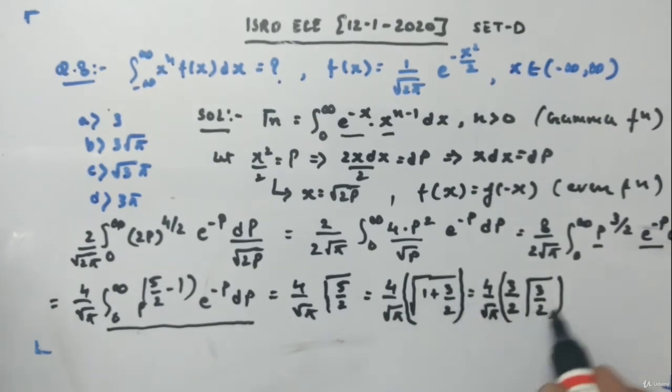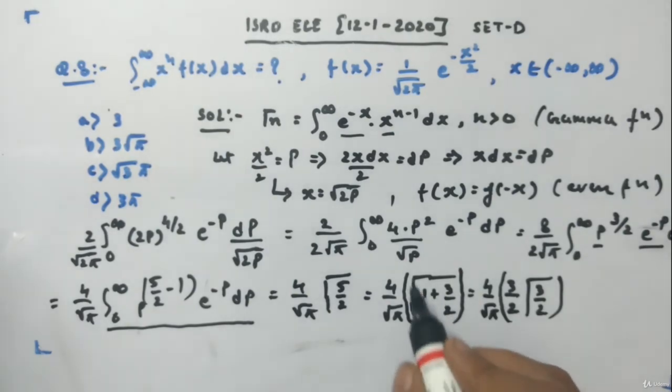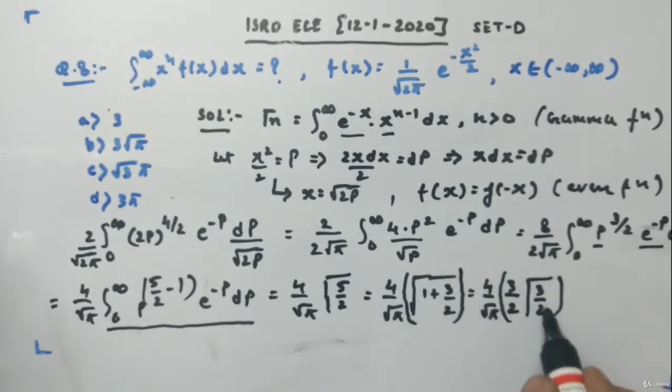This is the property of the gamma function, by the way. Gamma of n plus 1 will be n gamma n.